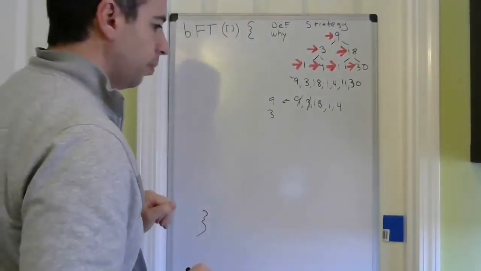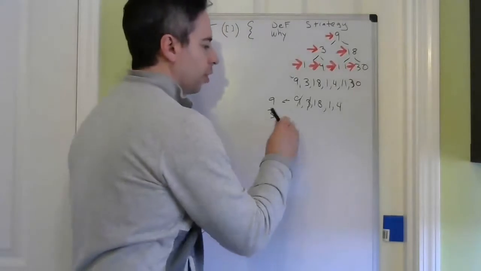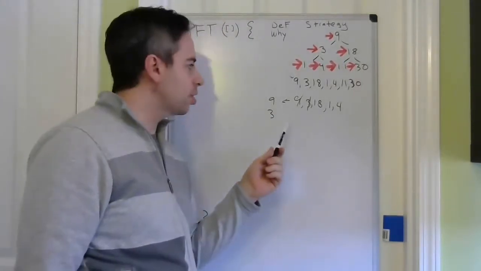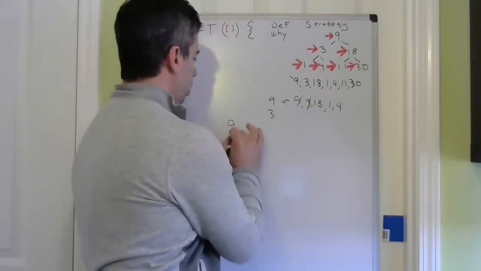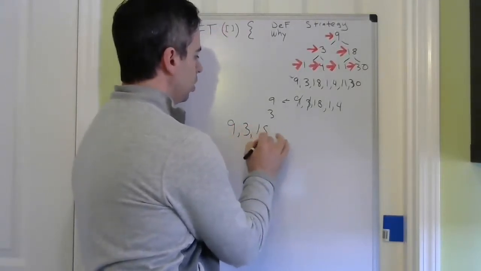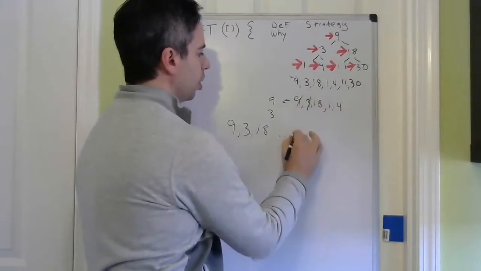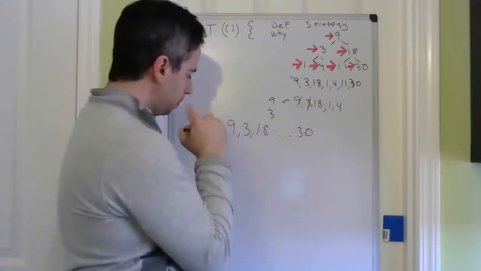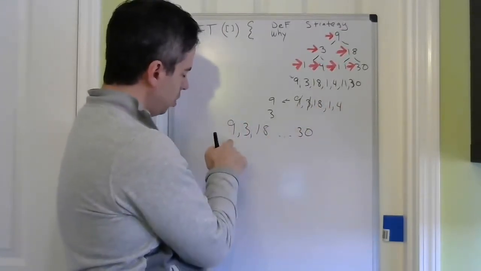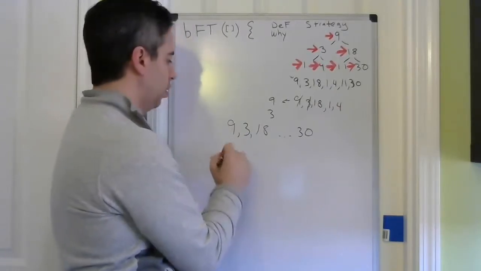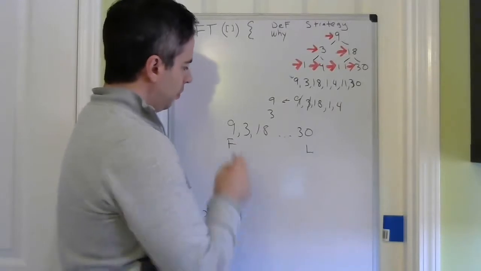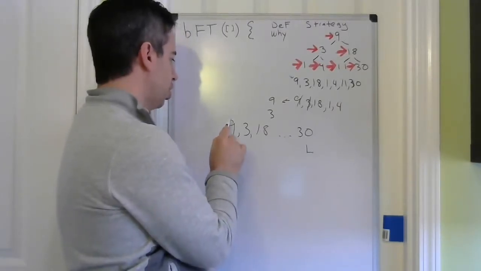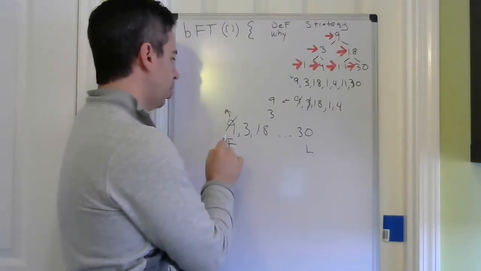And then the next question was, what kind of data structure does this need? Well, what's observed here with 9, 3, 18, and so forth down to 30 is that this is the first piece of data in. This is the last piece of data. The first piece of data is the first one to come out, okay, then it's chopped off.